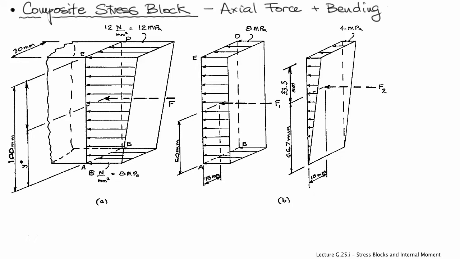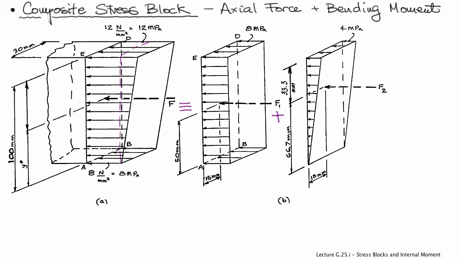It will have a certain type of variation, like for example this one in diagram A, where the stress intensity varies linearly from a magnitude of 12 megapascals at the top to a magnitude of 8 megapascals at the bottom. So how do we treat this? Well, remember, we need to find the location of F and its magnitude.